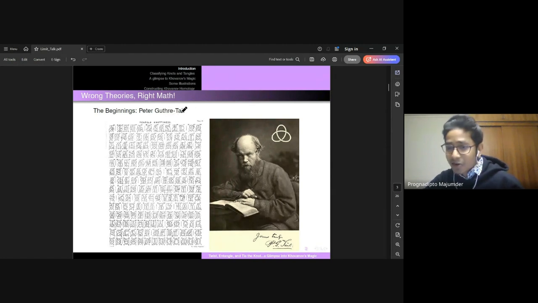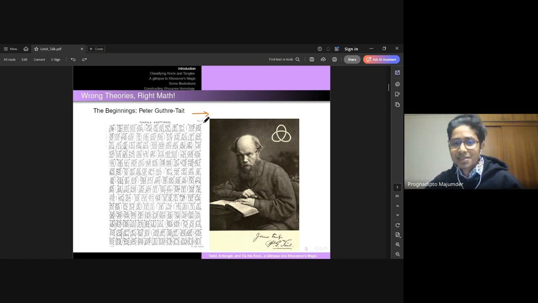Later on, this person got interested and gave some nice conjectures about knots. Over here, you can see this ten-fold knottiness. He's trying to draw all possible pictures of knots with 10 crossings.